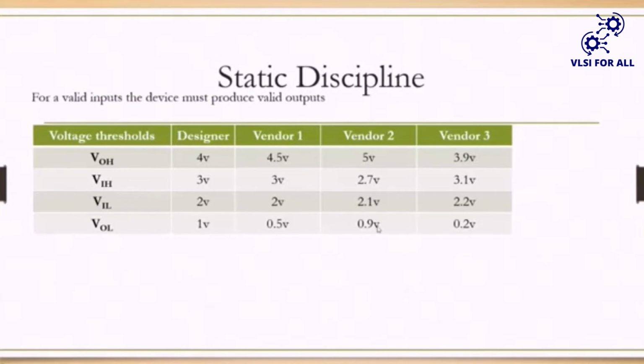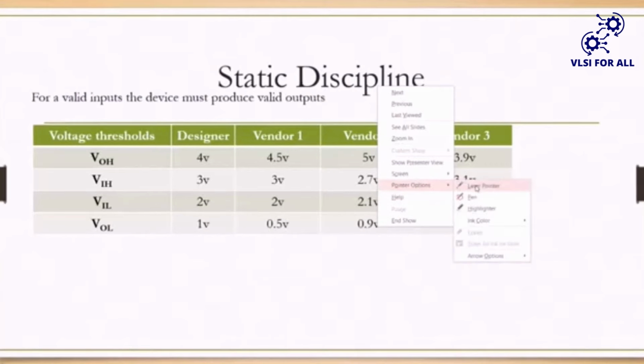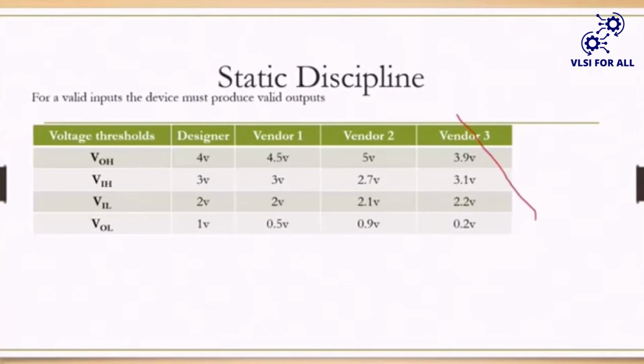Then your design is going functionally invalid, and the people may blame you because it is not satisfied with respect to VIH. So team, what we are telling you is vendor 3 is not eligible. Either you can go with vendor 2 or vendor 1. As vendor 1 has high noise margin, for the designer we can propose vendor 1. This is the conclusion.